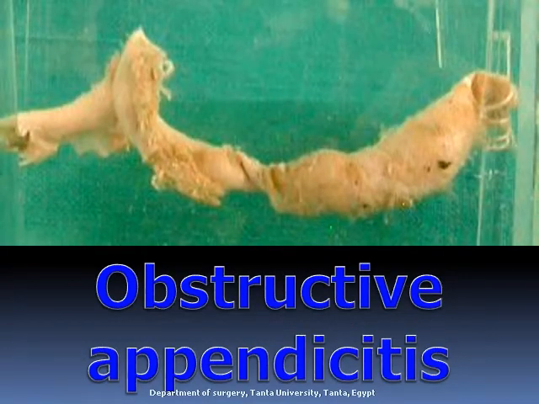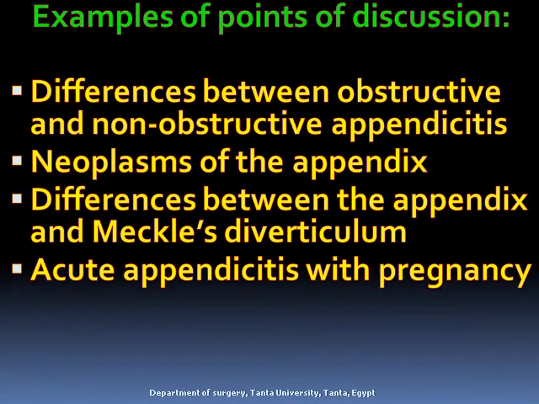Obstructive appendicitis. Examples of points of discussion: differences between obstructive and non-obstructive appendicitis, neoplasms of the appendix, differences between the appendix and the Meckel's diverticulum, acute appendicitis with pregnancy.